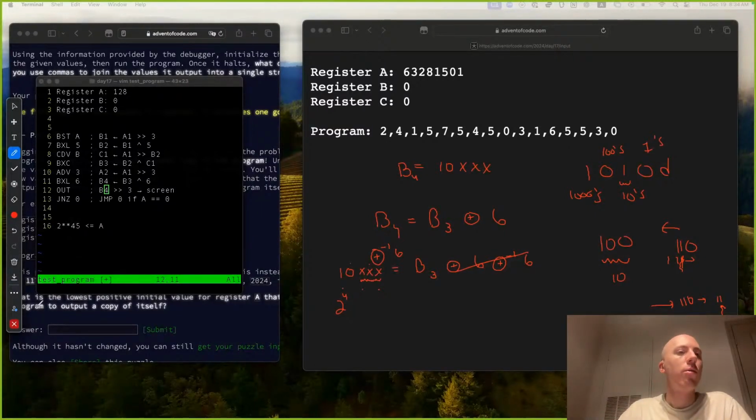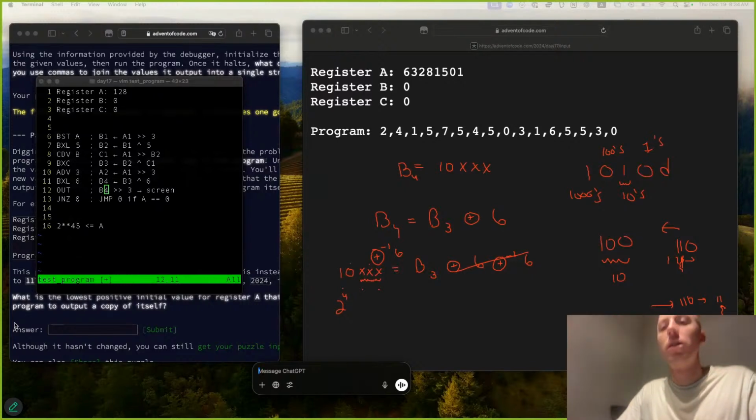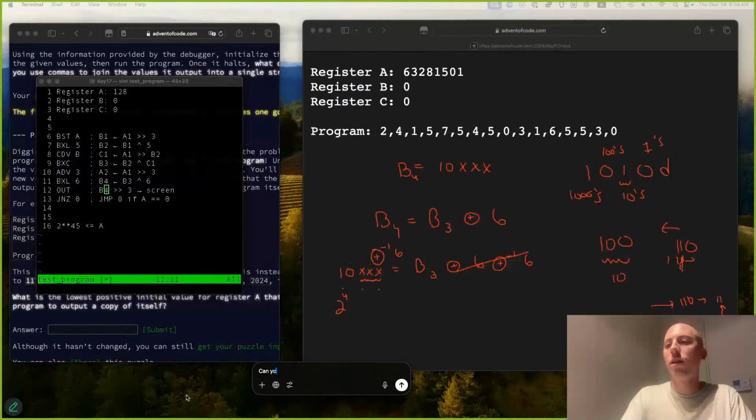I kind of want to ask ChatGPT about the inverse XOR thing. So it's like, can you take the inverse XOR?